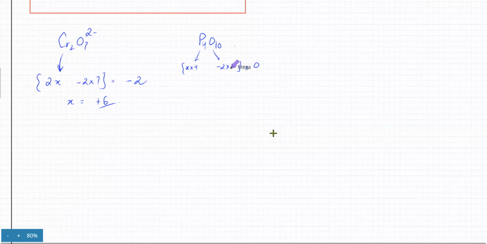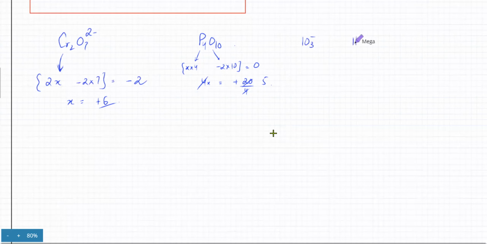You do that, and it's going to come out to be 4x minus 20 equals 0. It goes to the other side, so it's going to be +20. You get rid of the 4, and that comes out to be equal to 5. Is this clear? Yes, sir. Let's do a few more of these questions. I have IO3 minus 1. Tell me the oxidation state of that.